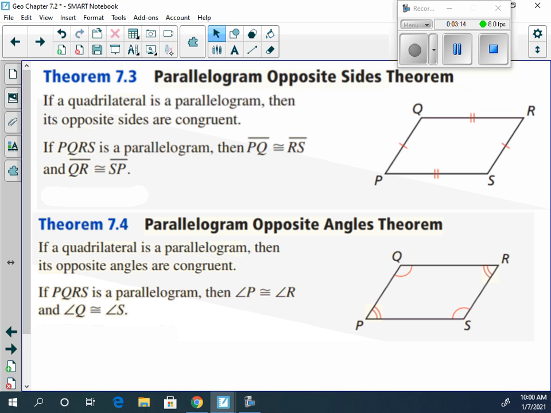Not only are the opposite sides congruent, but the opposite angles are congruent. So these are two basic theorems that we're going to look at so far with parallelograms. We have a few more things that we're going to look at with diagonals. Right now, if it's a parallelogram, the opposite sides are congruent, and the opposite angles are congruent.